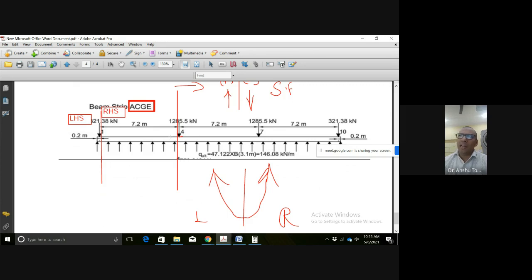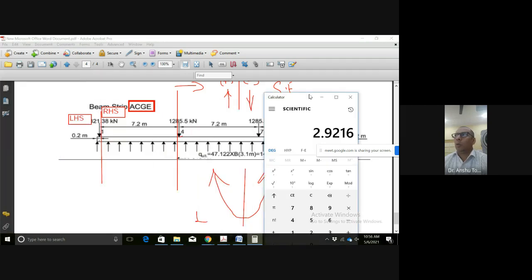So on the left hand side of this particular point, whatever is acting upward is going to be positive, and whatever is acting downward is going to be negative. That is why we have taken the point pressure as positive. So what is going to be the span? 7.2. Let us do it.